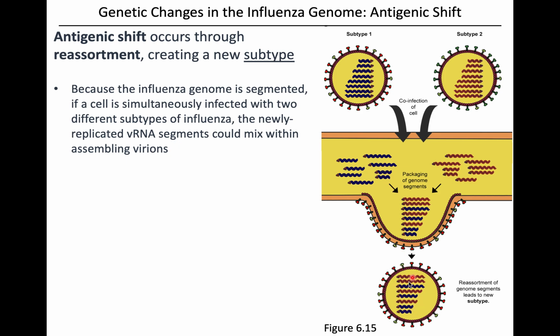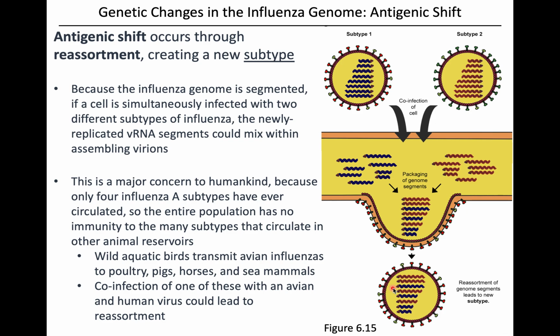So now you've got this larger scale change, and if we grab one of the nucleic acid molecules that codes for either the HA or NA proteins, then we've got a brand new combination that may not have existed in the world previously.